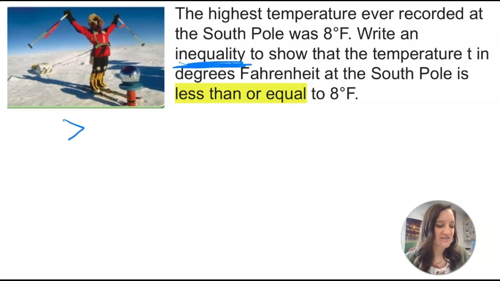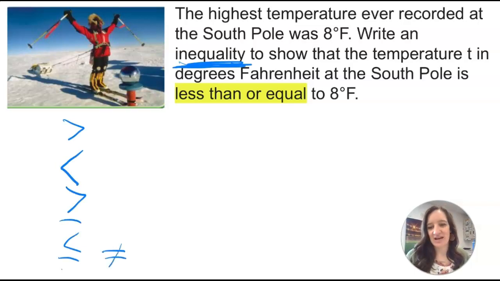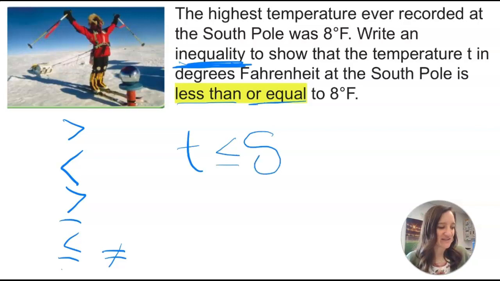Remember, inequalities are comparisons, right? They are these types of things. So let's write an inequality for the temperature, which they said to use T, is less than or equal to 8 degrees. That means that the temperature could have been 1.8 degrees, right?